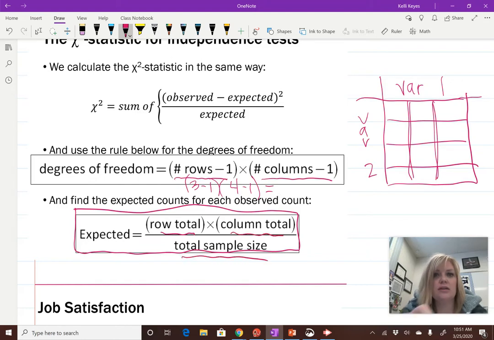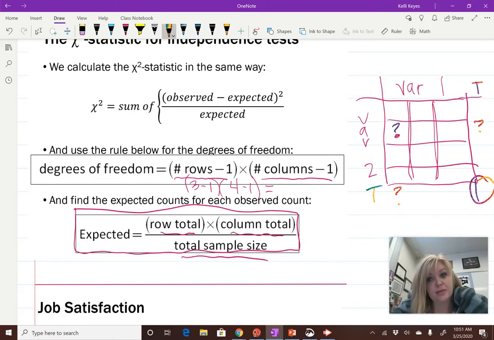So if I wanted to know the expected count for this cell, I could go this total, whatever that is, times this total divided by this grand total. And that's how I would find the expected counts for just that cell.